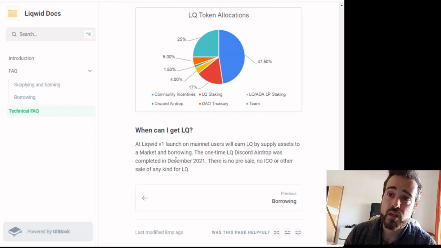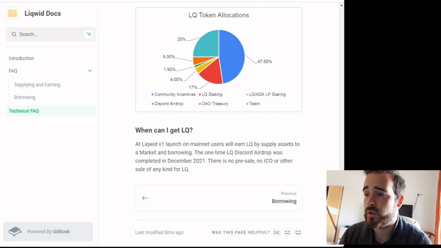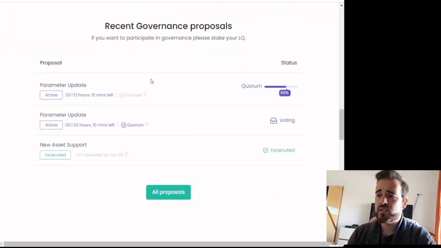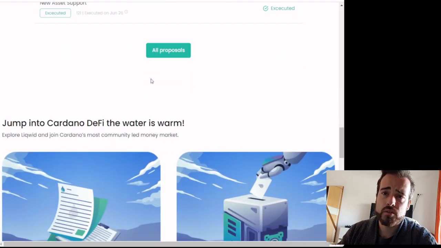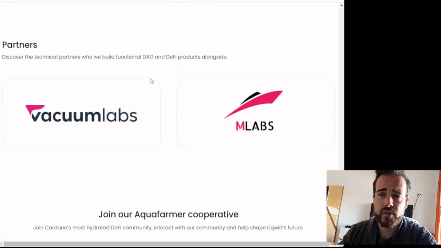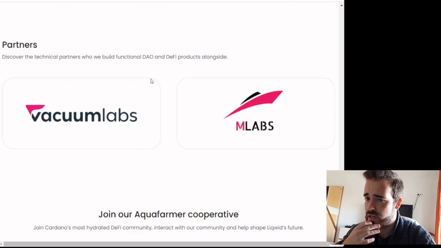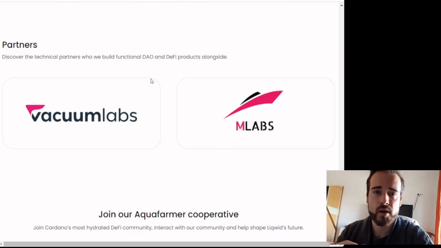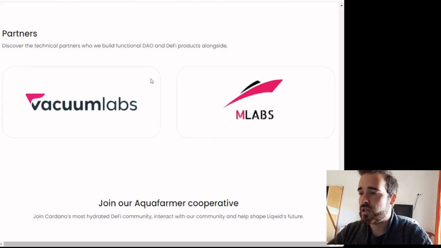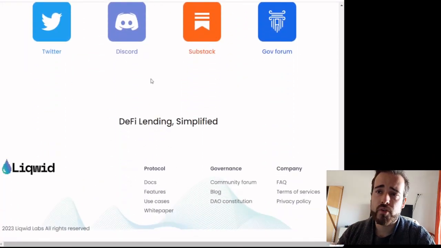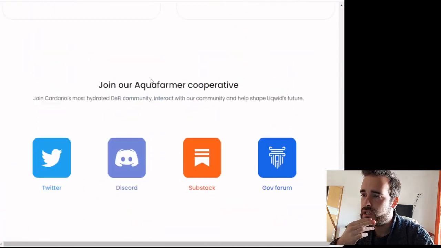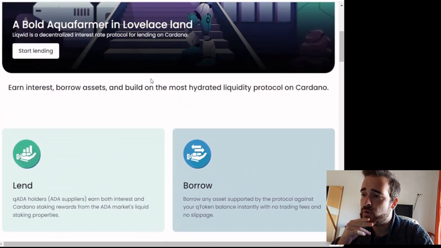One thing that is important, of course, to always look at in these projects is the team. But it was impossible to find the team here on the website. We could only find some of the great partners they have. There are Vacuum Labs and Nam Labs, some great partners in terms of developing the Cardano ecosystem. But after doing a bit of digging and research through the internet, I was able to find the team on LinkedIn.